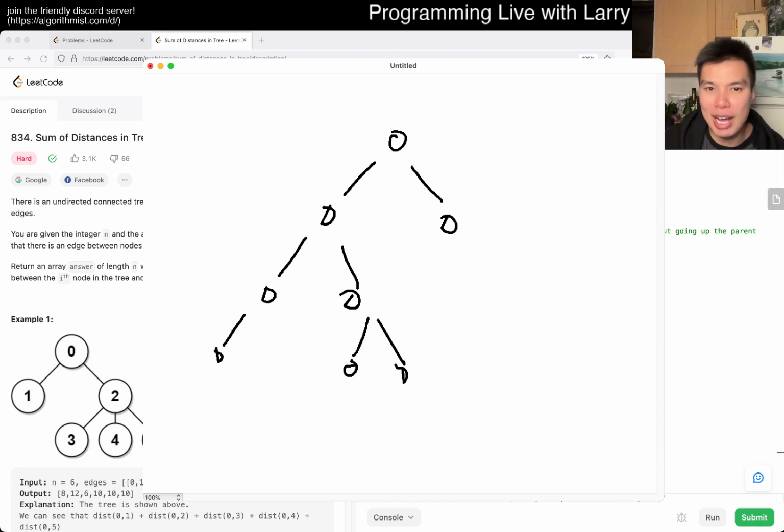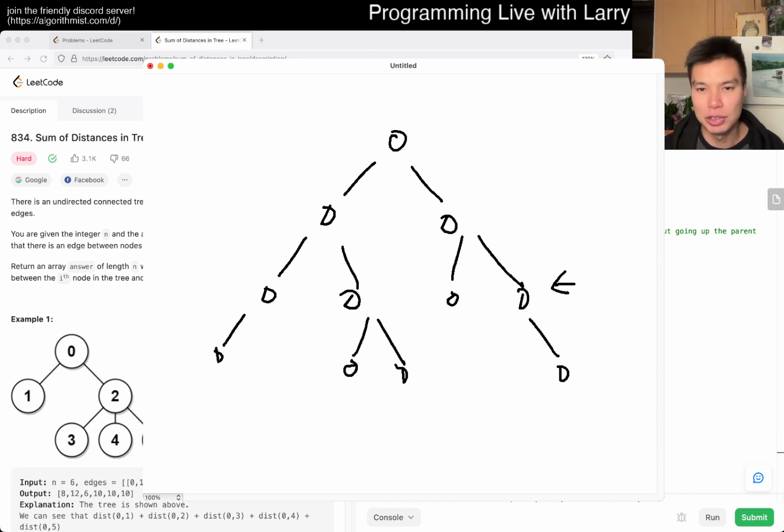And basically, for every node, what I try to do is to keep track of the total sum, or two numbers: total vertex. So let's just say we call this V, and total number of edges or number of distances, the sum of all the edges and the sum of the distances on this one.